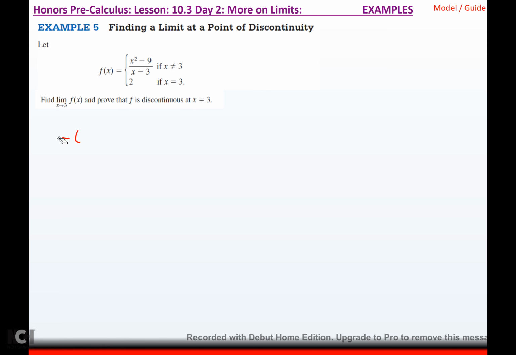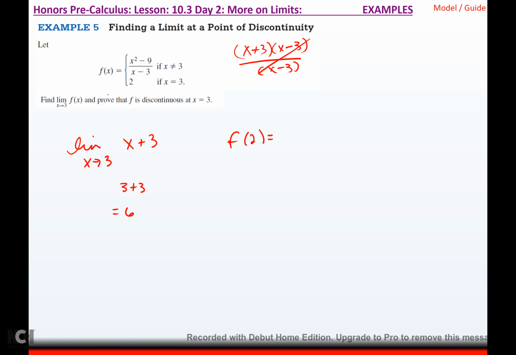So I'm going to simplify this up top, and that's going to be x plus 3 times x minus 3 over x minus 3, and the x minus 3 is going to cancel. So the limit as x approaches 3 of x plus 3 is 3 plus 3, which is 6. The value at f of 3, it doesn't matter what I plug in here, it's going to be 2.